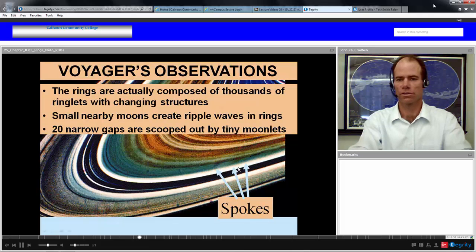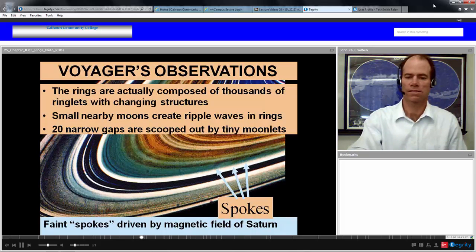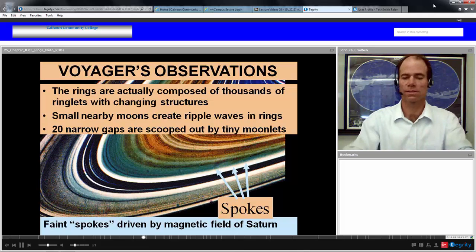Also, Voyager observed that there are spokes within the ring system, these darkened lines that pass across the ring system, and this might be driven by the magnetic field of Saturn, at least one hypothesis, that it might be a magnetic effect or a gravity effect on the ring system.